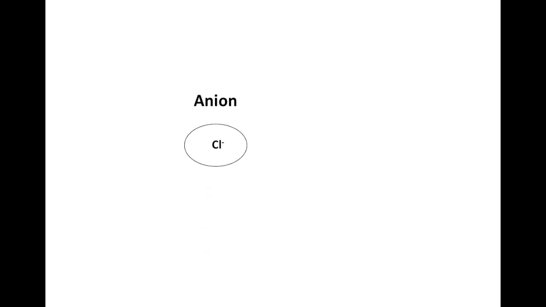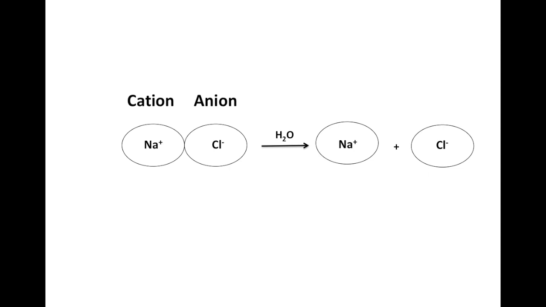A salt is made up of what? An anion, which has a negative charge, and a cation, which has a positive charge, combined together. When you put them in solution, they dissociate and give you positive and negative charges, and that is an electrolytic solution.